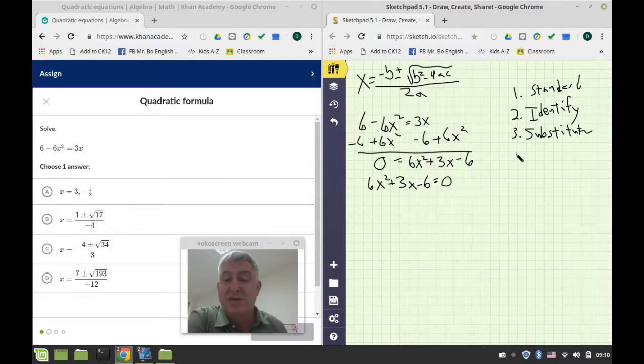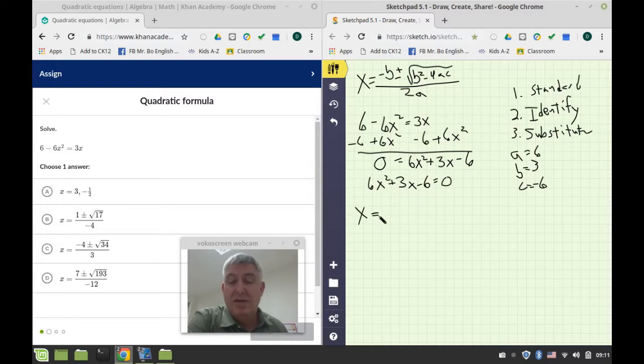Our step 2 is identify A, B, and C. A equals 6, B equals 3, C equals -6. Okay, and then my last step, number 3, is to substitute.